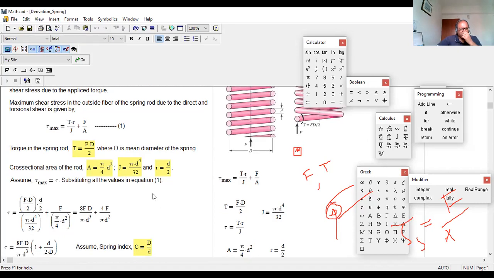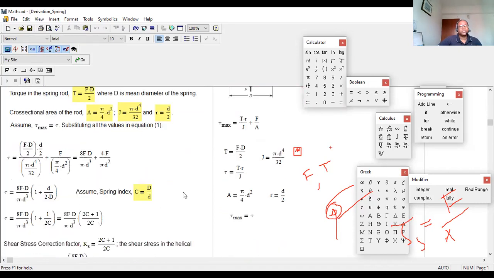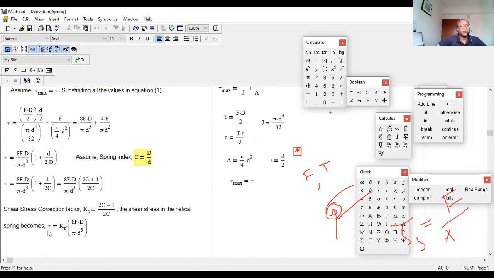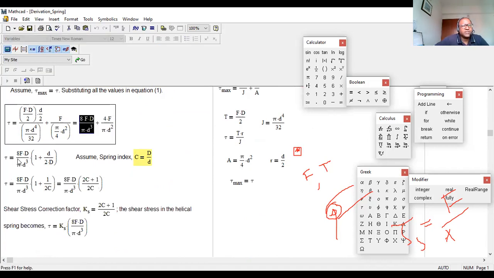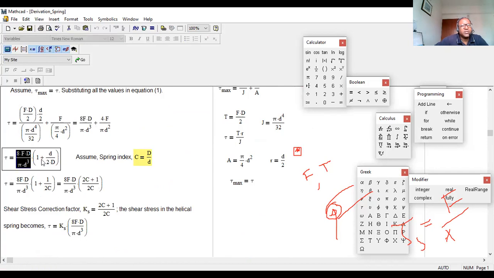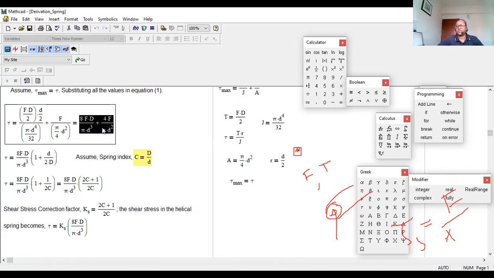So if you simplify this equation, you take common this one part. You take common this part over here, 1 plus small d by 2D, and if you multiply these two terms again by this value, you will ultimately get this one.